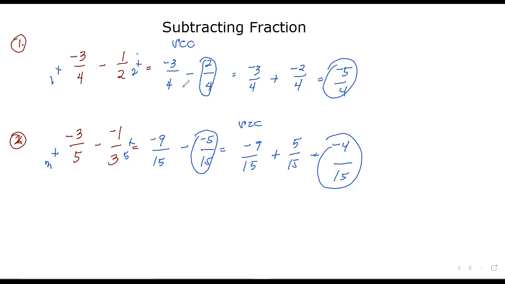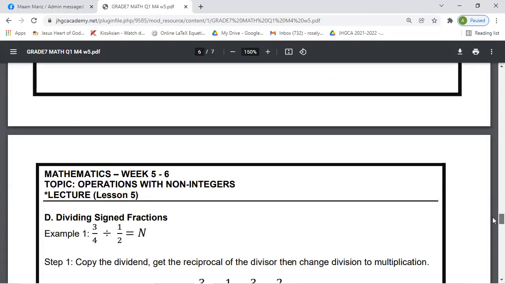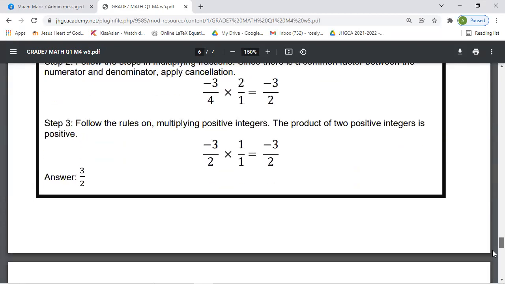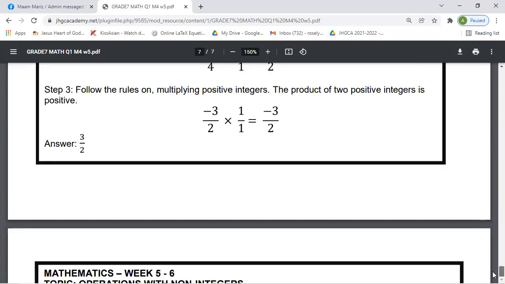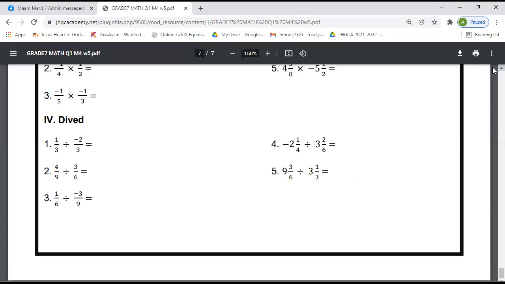Okay, so for your activity, you're going to answer this one. In module number 5, the first grading is also in the module, which is free.